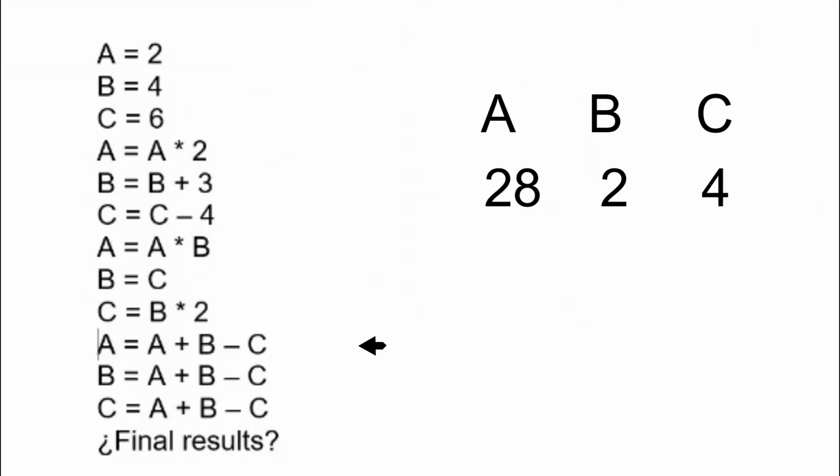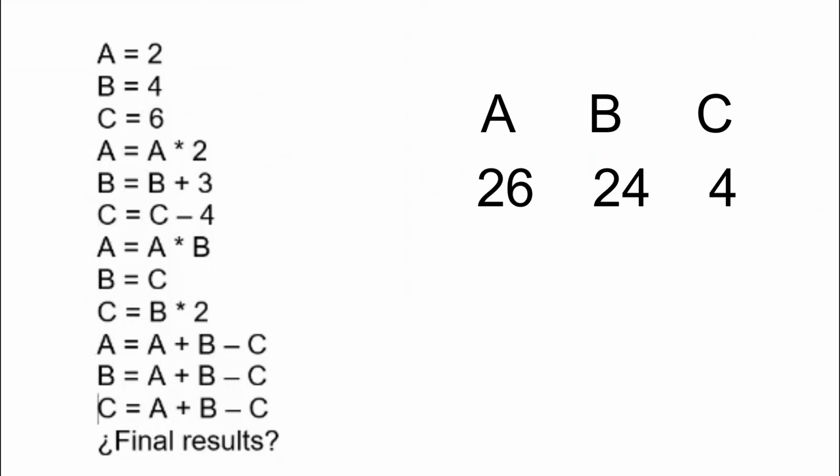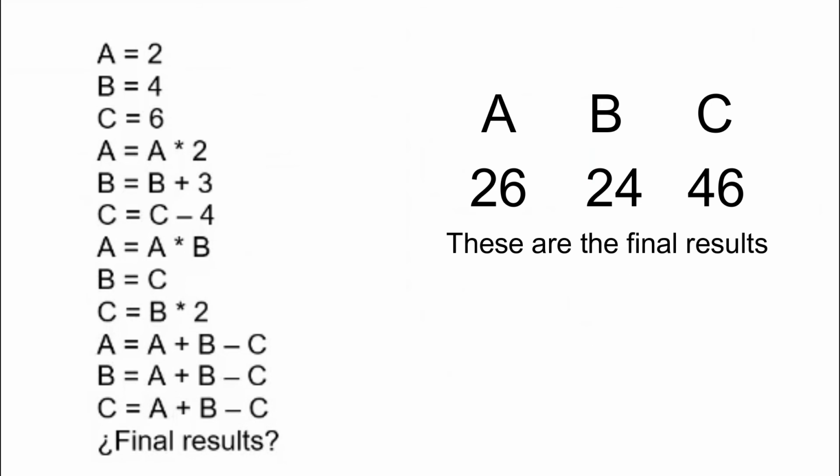The next one is store in A the result of A plus B minus C. This one is store in variable B the result of A plus B minus C. It means the result of the content of variable A plus the content of variable B minus the content of variable C. And the last one is store in variable C the result of the content of variable A plus the content of variable B minus the content of variable C. What are the final results?